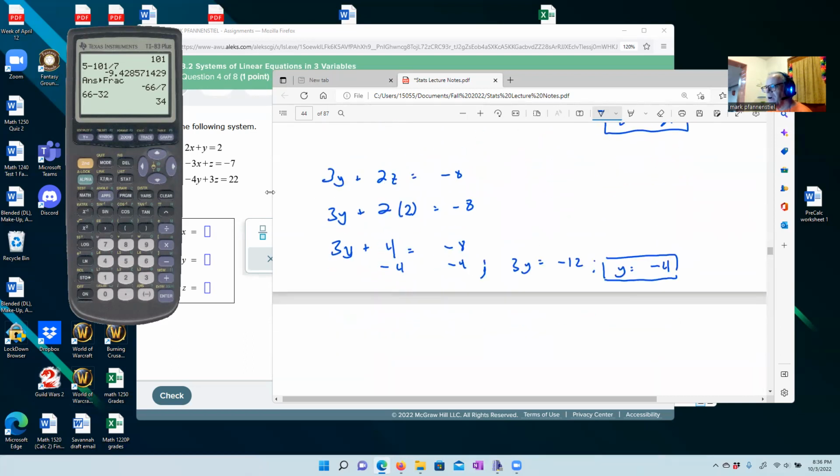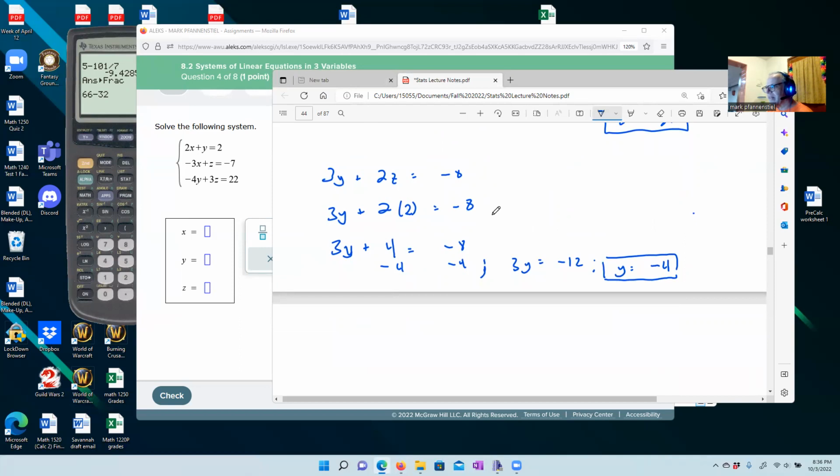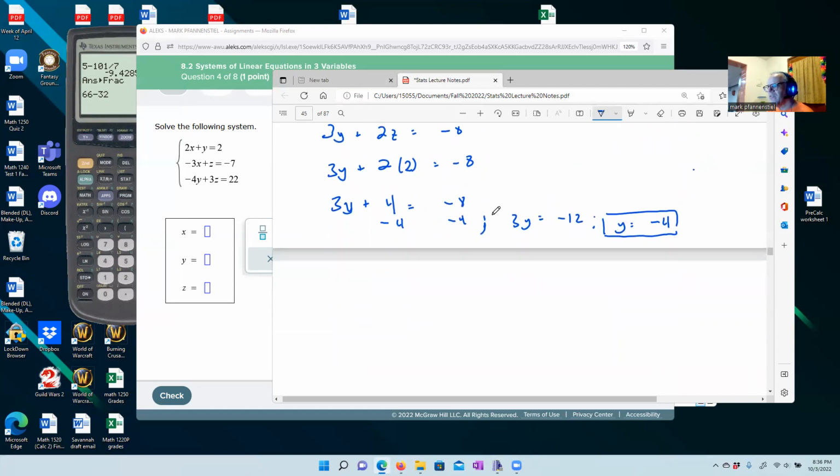Now we go to our first equation, 2x plus y is equal to 2. Y is negative 4, so we have 2x plus negative 4 equals 2. Let's add 4 to both sides. So we have 2x equals 4 and 2, that would be 6. X would be 3.